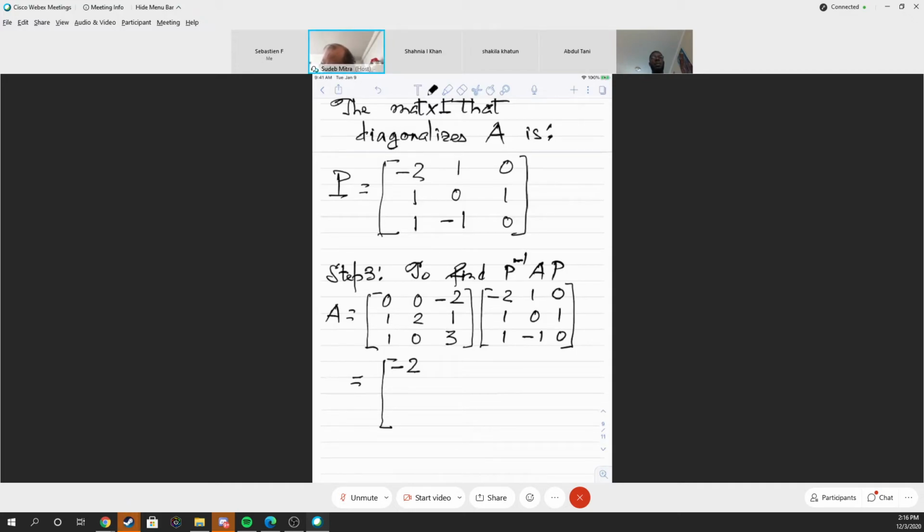Minus 2 plus 2 plus 1. Minus 2 plus 2 plus 1. Minus 2 plus 3. Minus 2 plus 3. This one, 0 times that, 0 times this, minus 2, 2. 1 minus 1. 1 minus 3.